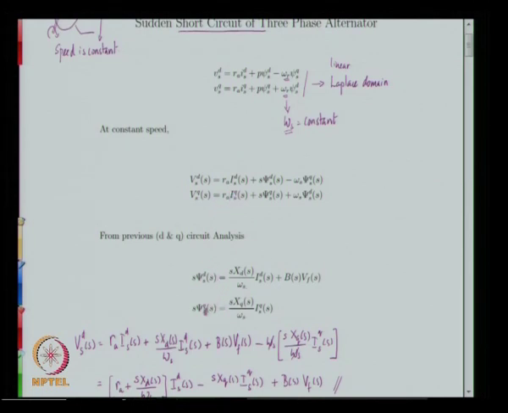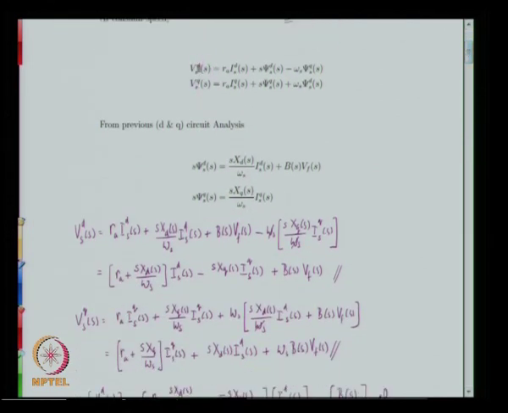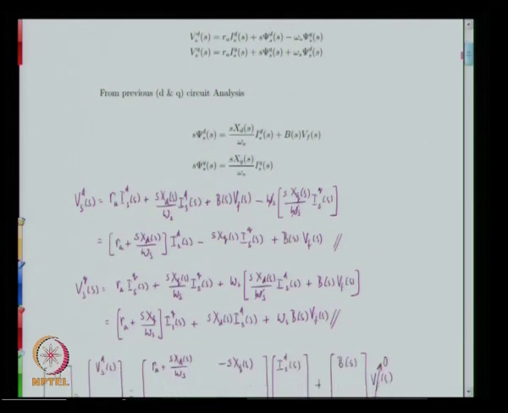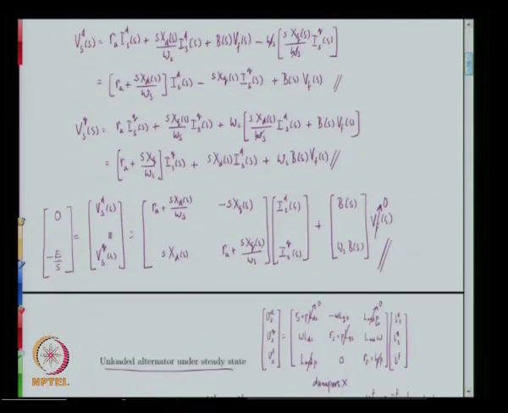These are the expressions that we derived from circuit analysis, I am sure you would remember from the last few lectures. When substituted into the first two equations, they give you a resulting set of equations where the variables are the Laplace transforms of the stator current D and Q axis, the Q voltage as well, along with the field voltage, which we now put in this form.